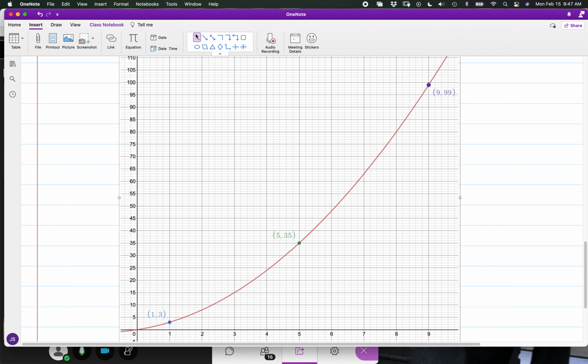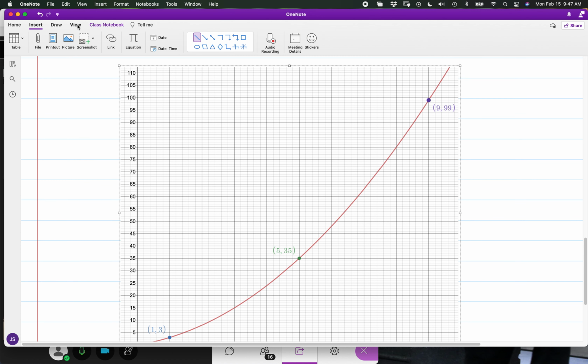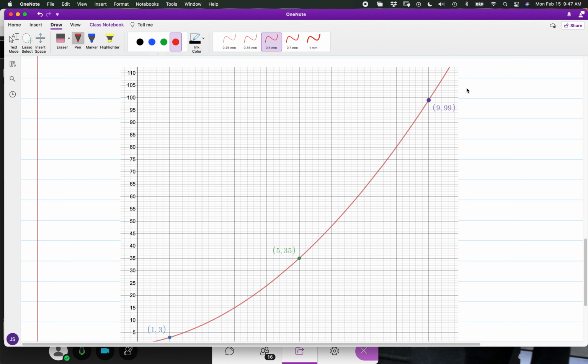And in terms of average rate of change for this particular curve, again we have y is equal to f of x is equal to x squared plus 2x.